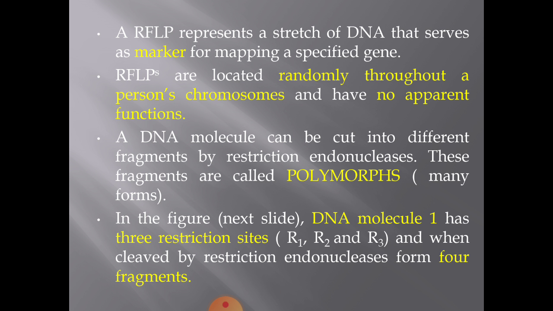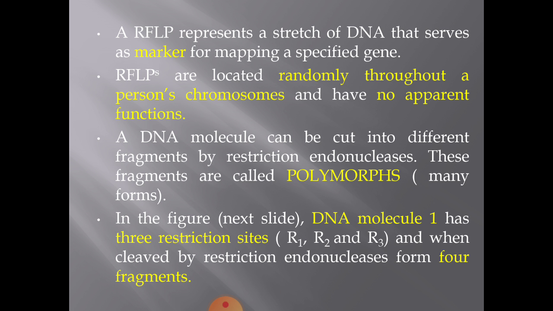So in simple terms, you can take a genomic DNA and treat it with restriction endonucleases. If there are n number of target sites in the genome, after restriction digestion you will get n plus 1 number of DNA fragments.